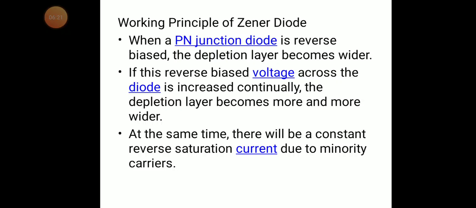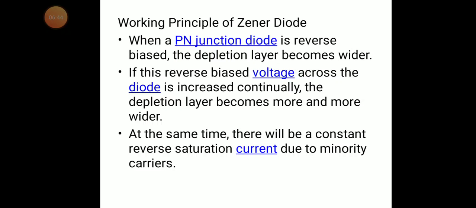Is there any usage of the reverse bias? So they did experiments on the reverse bias condition. Finally, they developed a concept called Zener breakdown.